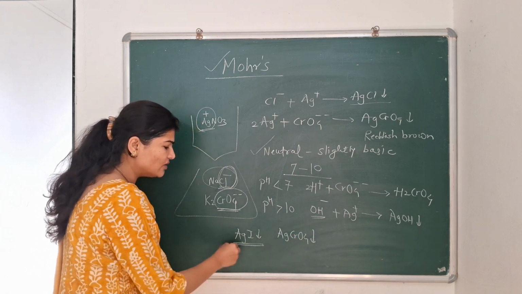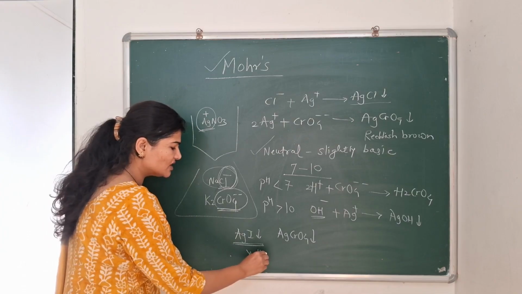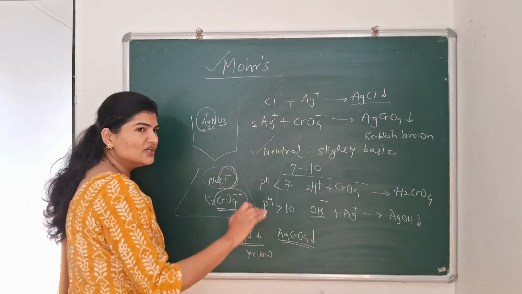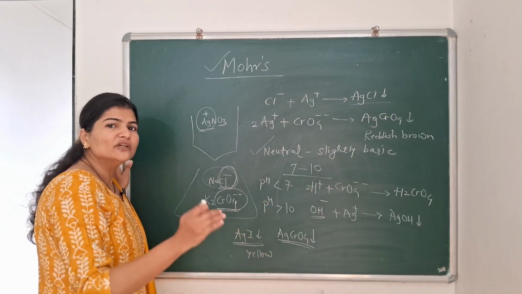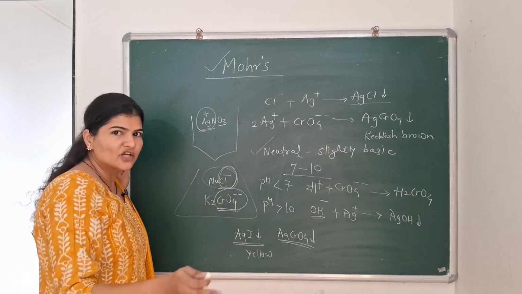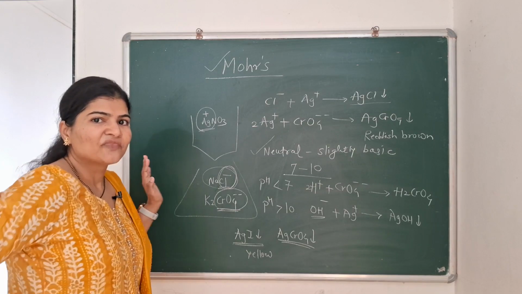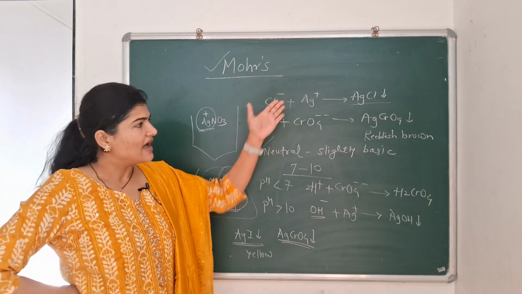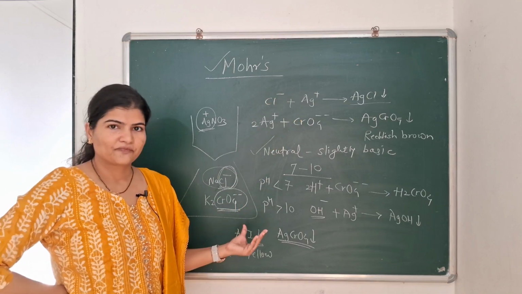The silver iodide PPT is also yellow colored, and silver chromate is also reddish brown, so yellowish shade. So it is not offering a clear contrast. So I cannot identify that my endpoint is reached, where in the earlier case I can easily see.